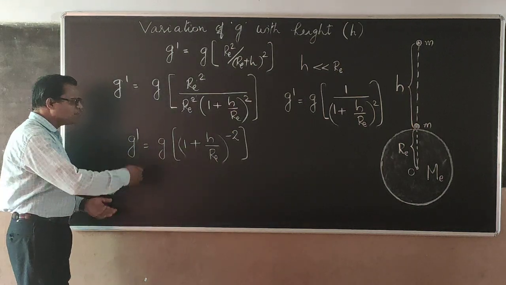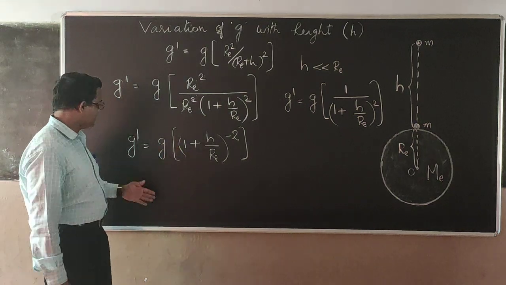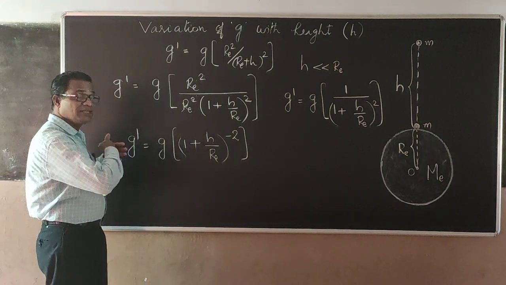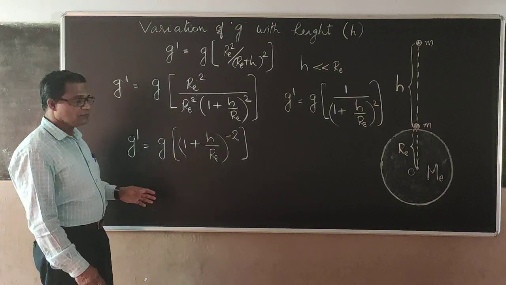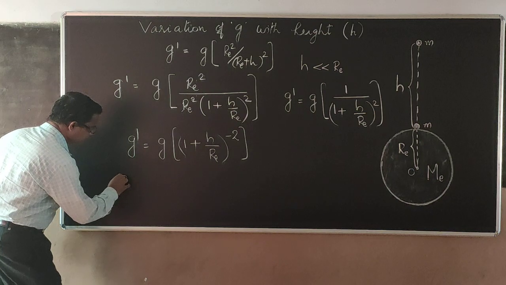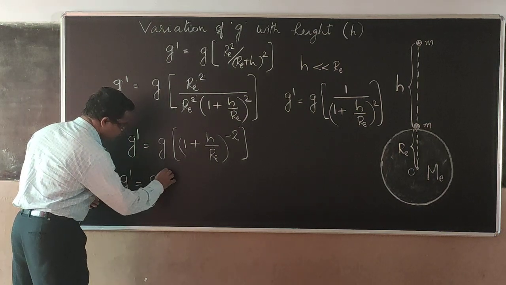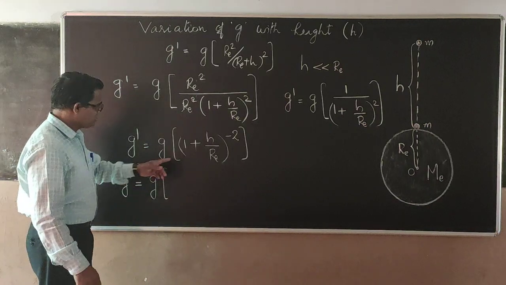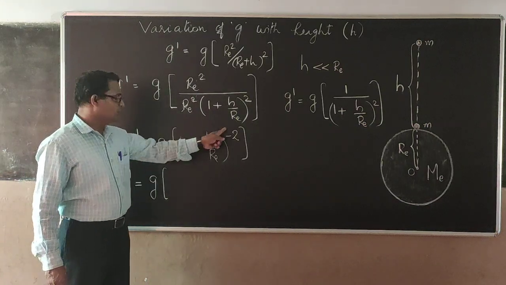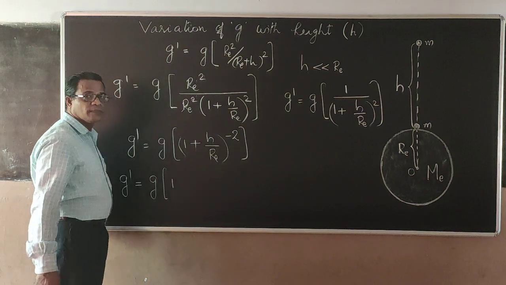Now, we'll be using the binomial expansion here, and I'm not going into the details of those things. If we expand this, we get G prime equal to G into, first term, 1 raised to minus 2, so it is 1 itself.